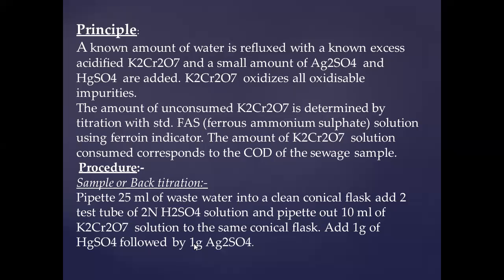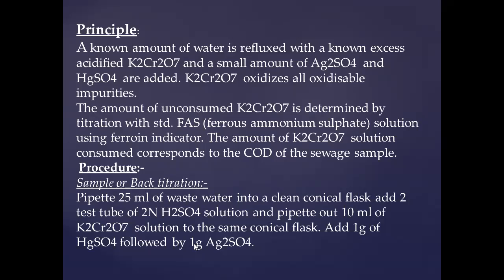We all know that potassium dichromate is a strong oxidizing agent in presence of acidic medium. Along with that, we add 1 gram of Ag2SO4 and 1 gram of HgSO4. Ag2SO4 acts as a catalyst, whereas HgSO4 acts to remove interfering radicals. Then the K2Cr2O7 oxidizes all the oxidizable impurities.